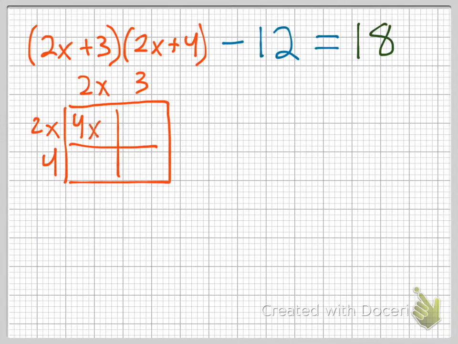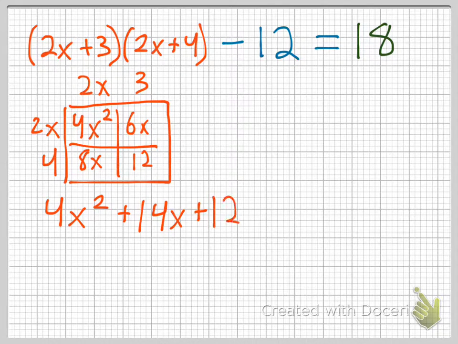So when we do that, we get 4x squared, and there is the key. There's the issue. We have an x squared term. The rest of this becomes 6x and 8x and 12. When we multiply all of it together and combine like terms, we get 4x squared plus 14x plus 12.